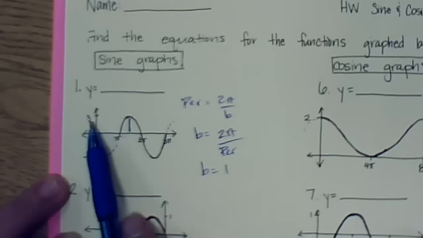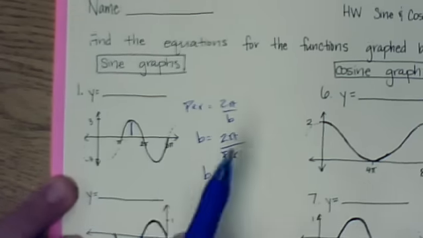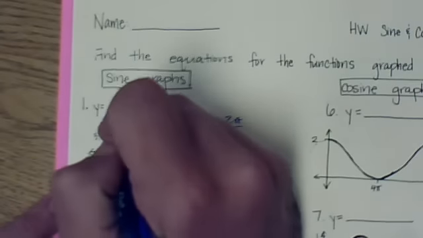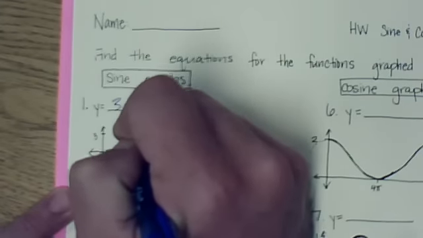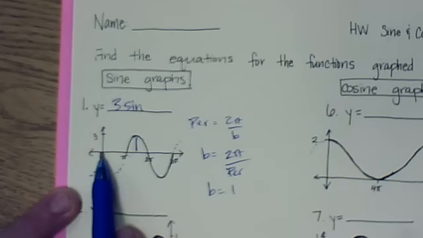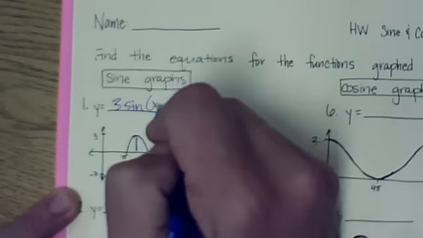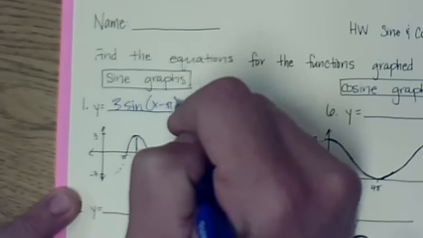But my amplitude is now 3, so I do have a little bit of a stretch. So we'll say 3 times sine. Now, think of it as if the starting point was at 0, now the starting point's at pi, so this graph moved right pi.